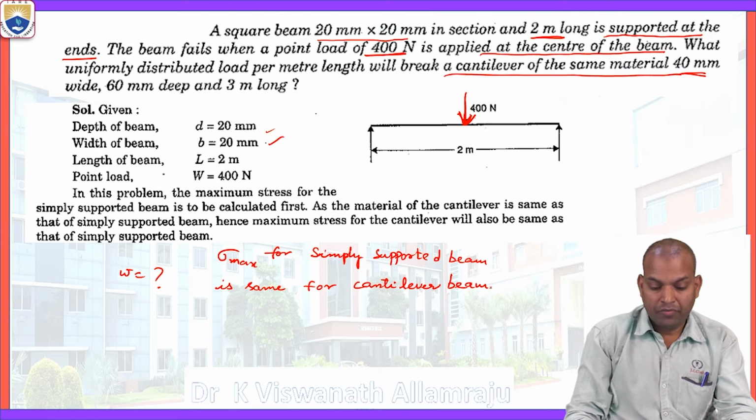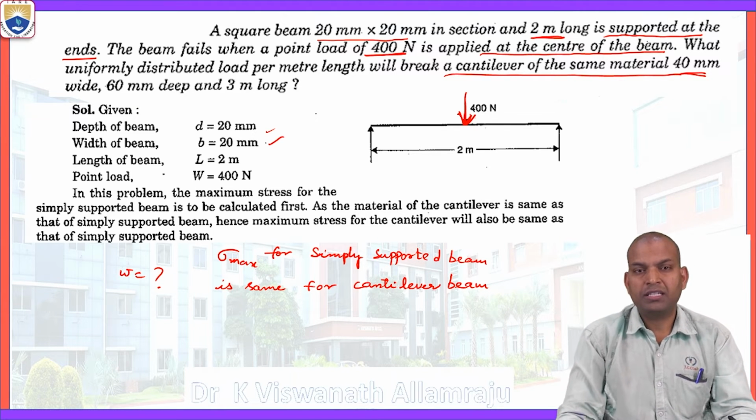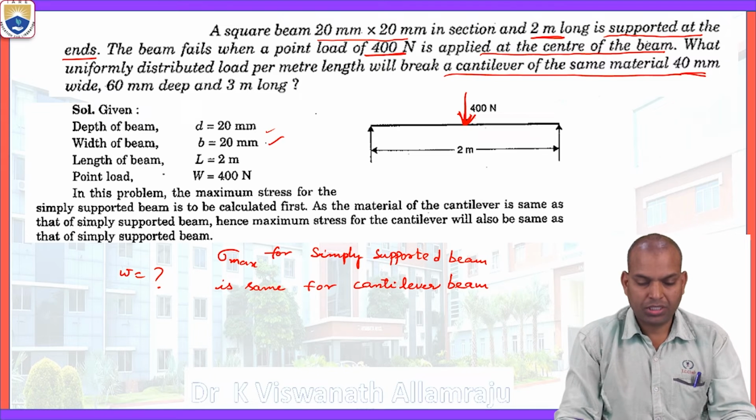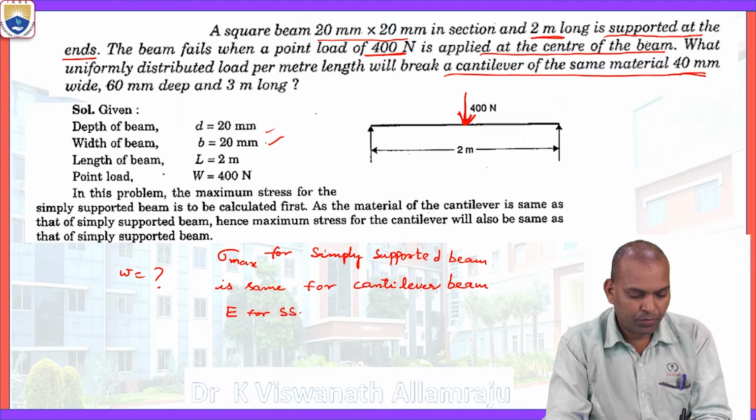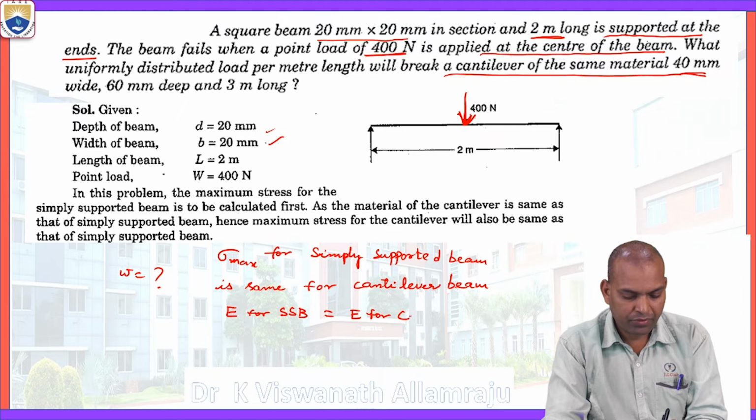Why is it the same? Because the material is the same. And one more parameter is also the same: the modulus of elasticity. E for the simply supported beam equals the modulus of elasticity for the cantilever beam.